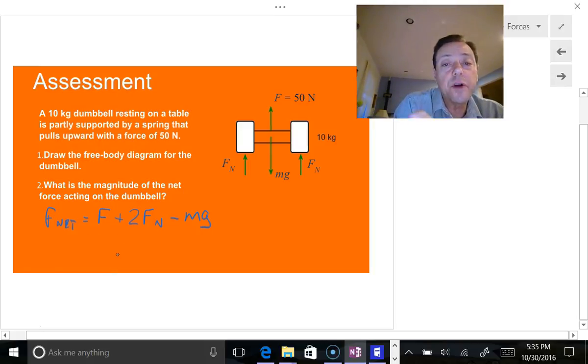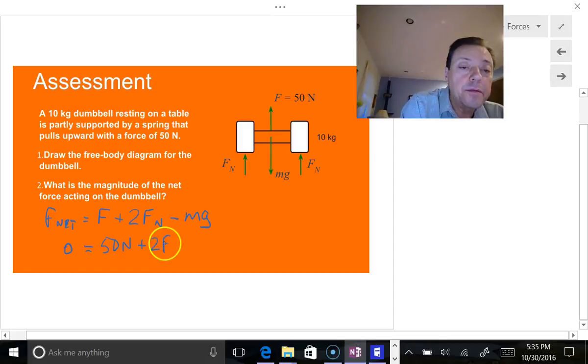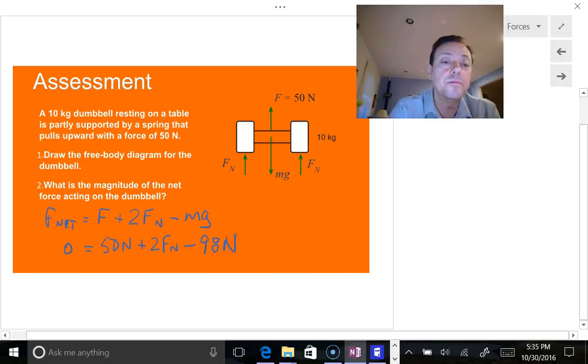So if this thing is at rest, that means 0 is equal to 50 newtons up plus 2Fn minus 98, which means 98 newtons down.